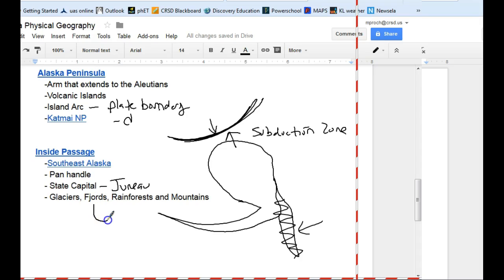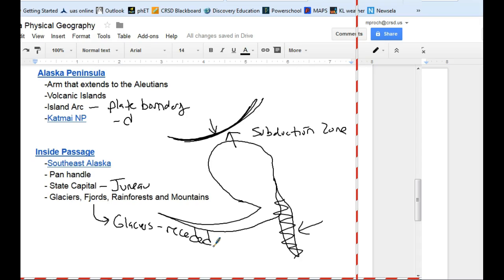But fjords, if you're not sure what they are, they're formed by glaciers that receded. It used to be that the earth was a lot colder, sea level was lower. So these glaciers extended out much further than they do now, and as a glacier moves, it takes the soil and the crust with it.